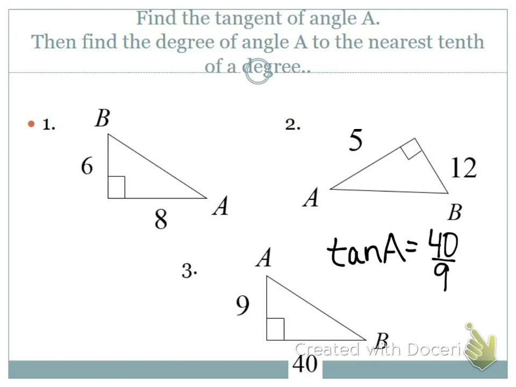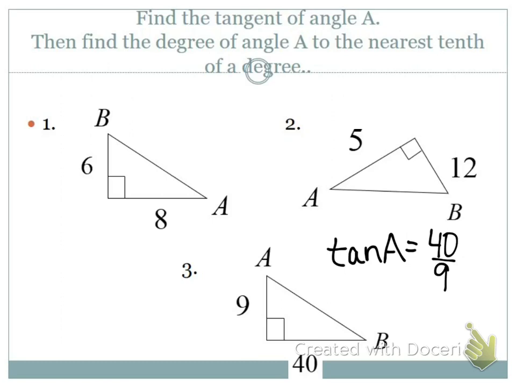Thank you, Mariah. 40 is opposite A, 9 is adjacent to A. We do not ever use the hypotenuse when we're doing tangent. Later this week, we'll talk about a couple other trig functions where we will use the hypotenuse. But for today, we are not using it.